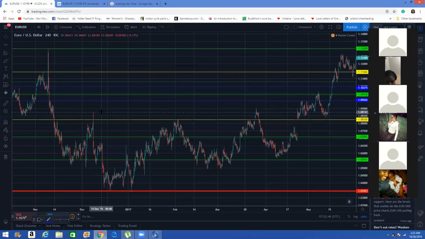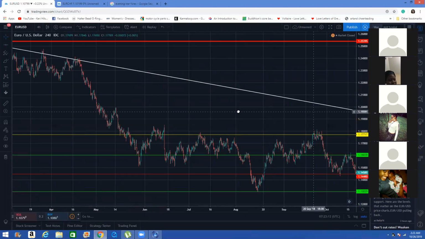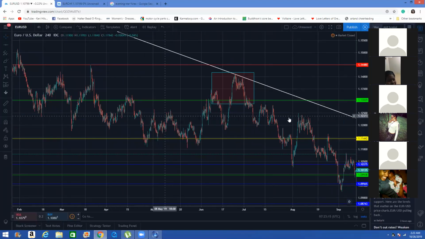So I can put one right here. And then that's really all. I can put one right here. It's really unnecessary. So I'm gonna go back to the current price, and now we're about to do our little finishing touches and get our entry on this trade.